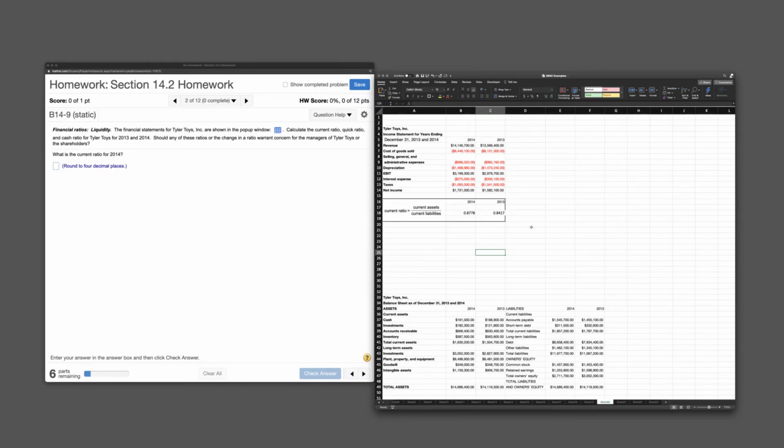Now, we can see this looks good because from 2013 to more recently, the 2014, we can see that the current ratio has actually improved. So that's good, and you can see why more information is helpful. Later on, we'll talk about industry standards, but right now we're just comparing the ratios year over year. So let's punch those in.